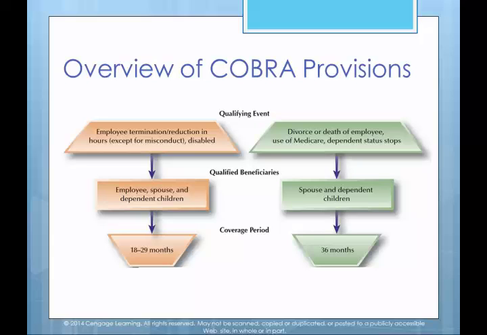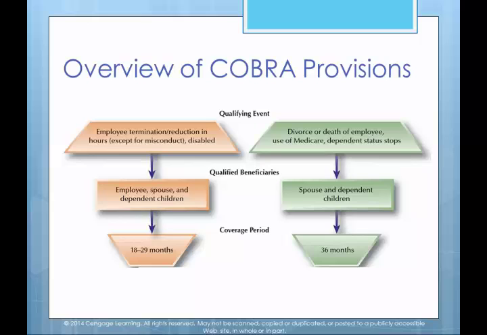If you have a qualifying event, that is a divorce, a death of an employee, the employee becomes eligible for Medicare, or your dependent status stops, then you should be offered COBRA. Your spouse and dependent children can be offered these things, and it's usually up to 36 months.